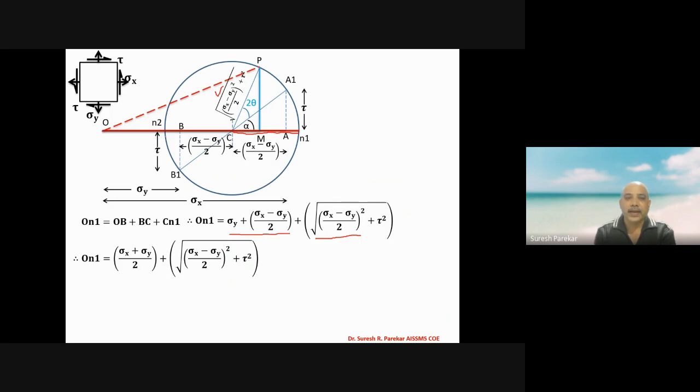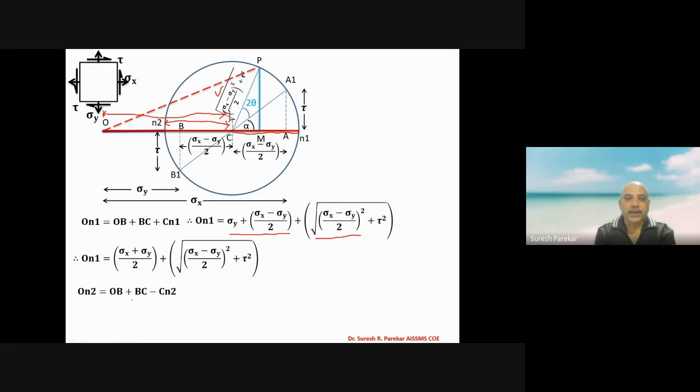And now ON2 we will have as OB plus BC minus CN2. So OB plus BC we go till this point, and then we subtract this value, that is the radius, and then we get ON2.